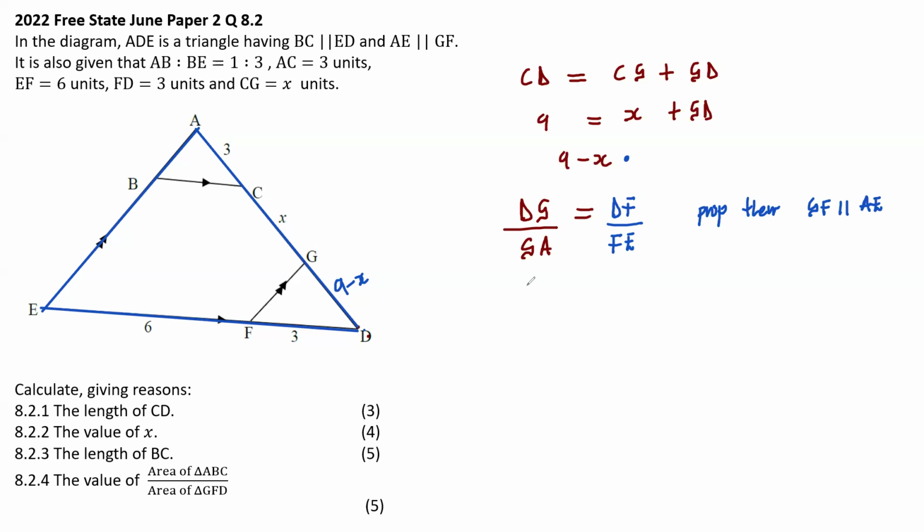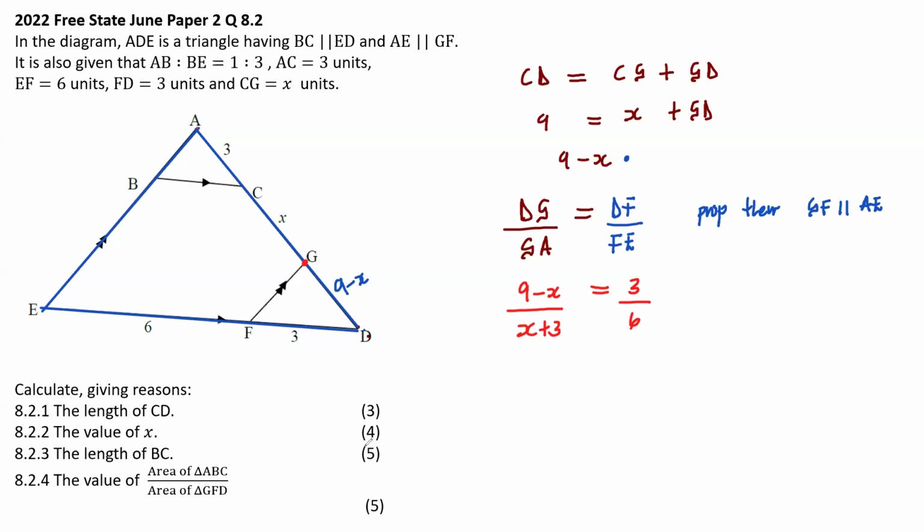DG is 9 minus X. GA from G to A is X plus 3. So DG over GA is equal to DF, which is 3, over FE, which is 6. The rest is algebra.